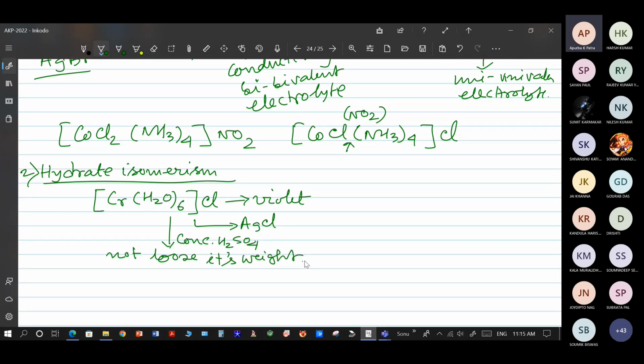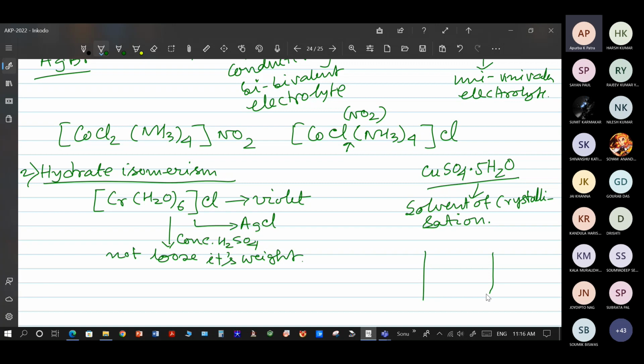Simply, if you have a compound like copper sulfate pentahydrate, where the water molecules are not ligated to the metal center, they are simply present as solvent of crystallization. Sometimes different amounts of solvent molecules sit between the crystal structures, loosely bound and not directly bonded to the metal center. In those cases, you can use a vacuum desiccator, with a lid and a knob through which you can put the vacuum.